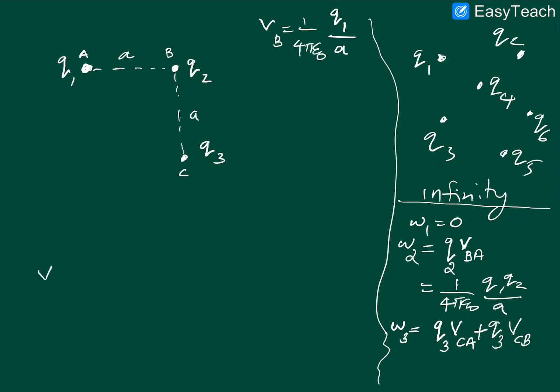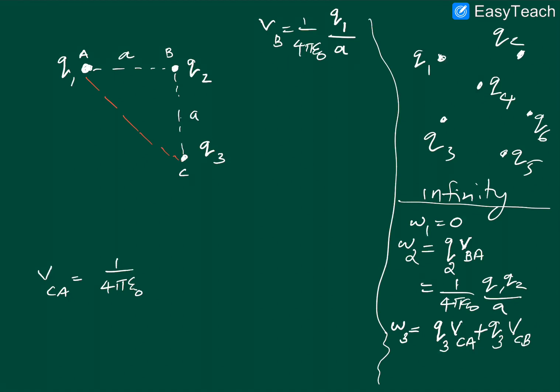What is VCA? VCA is equal to 1 by 4 pi epsilon 0. A is producing, the charge at A, that is Q1, is producing a potential at C, isn't it? So this is the distance between A and C. You can see it is a triangle. In that, if you apply Pythagoras theorem, you can find that distance. It is root of A square plus A square.